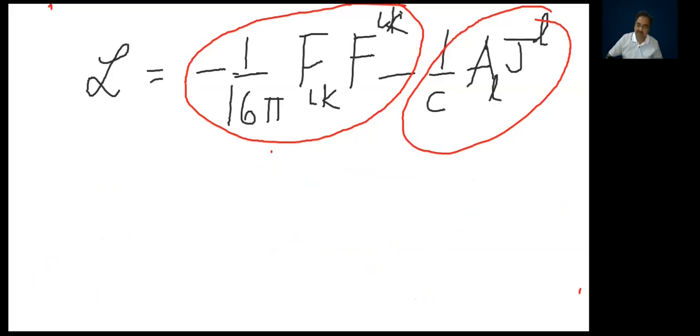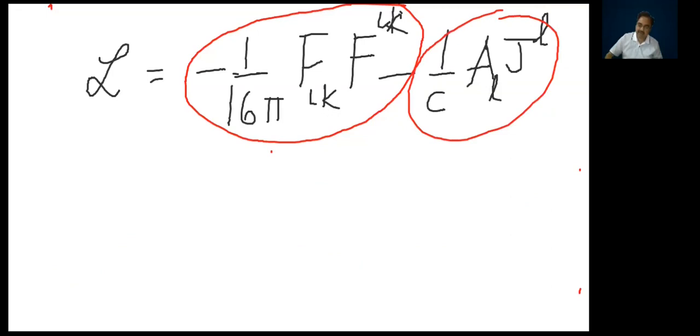You would find that this term basically comes from the interaction of the charges, that is Q by C, and AI dxi. Okay.